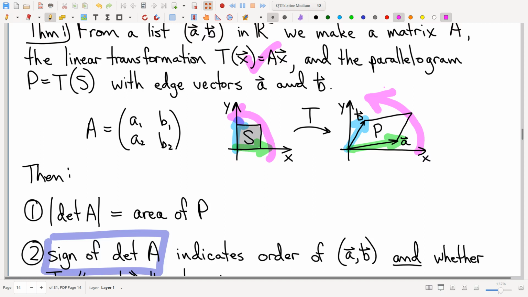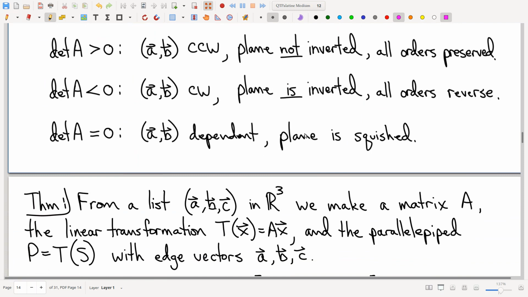Nope. Look at this determinant. Plus means no flip. Minus means there's a flip. Everybody happy? Right. Okay. Cool stuff.